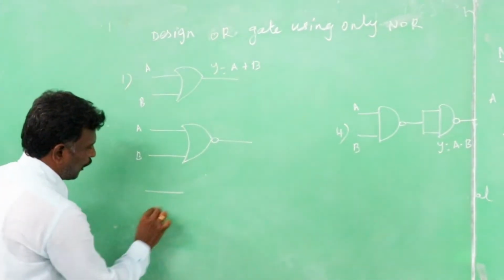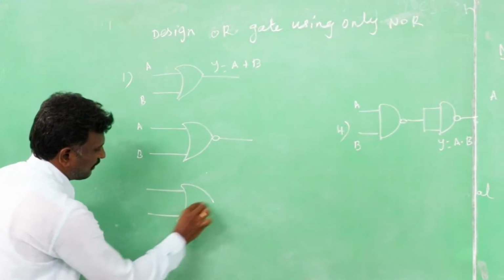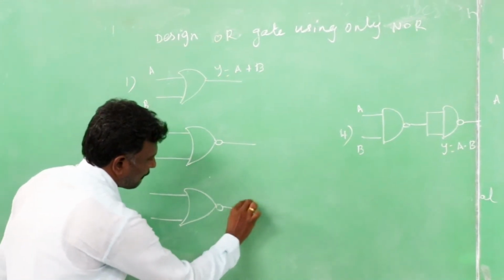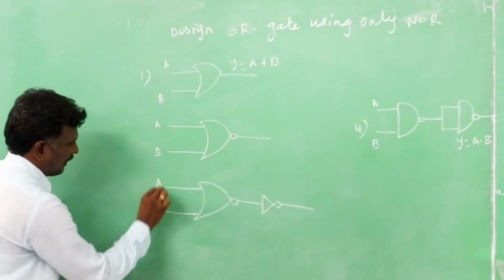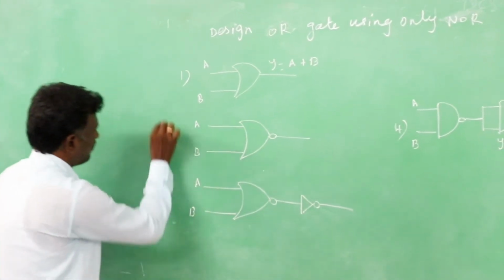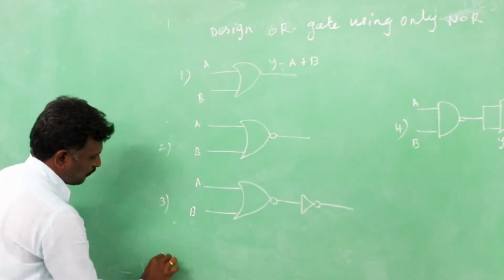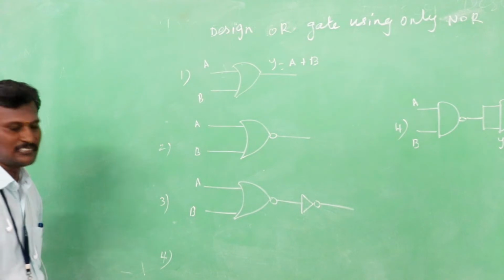Third step, you have to add one more inverter after the bubble. A, B. First, second step, this is for the third step. Fourth step, you have to replace all the gates with NOR gates.